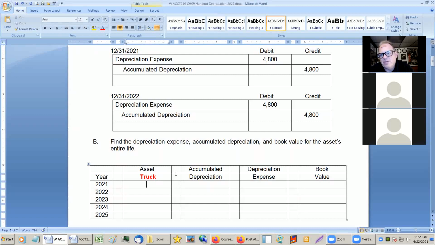You call it widgets or whatever you want, as long as you put it in the right spot, like a long-term asset. But usually either put what kind of asset it is, or if you just put equipment, that's fine too. Either one is acceptable. Okay, so we paid $32,000 for the truck.